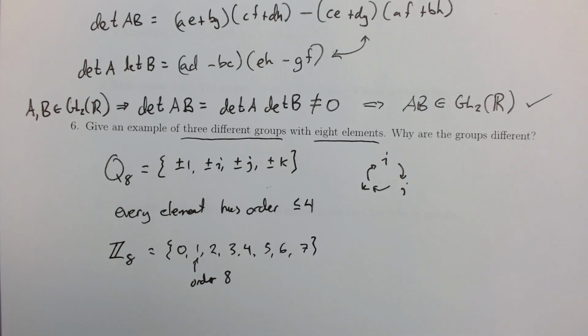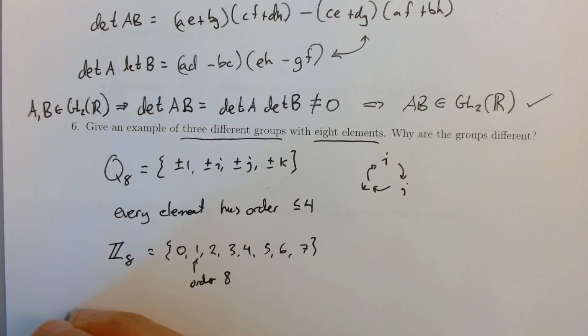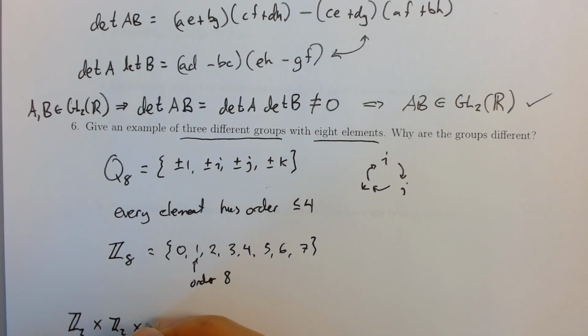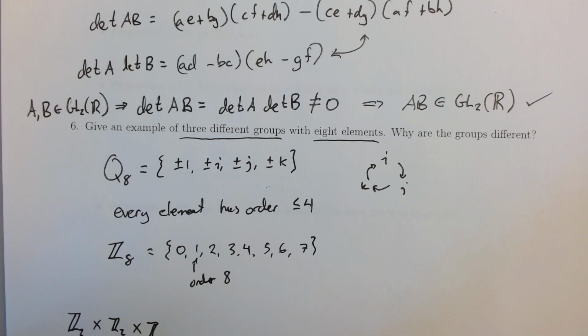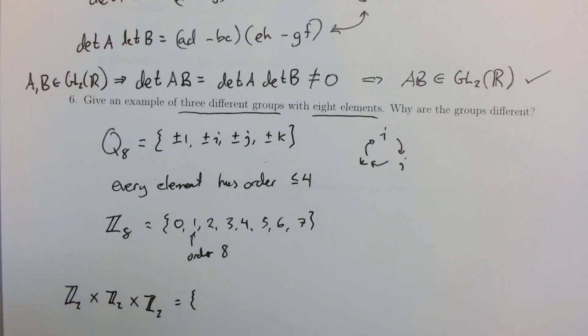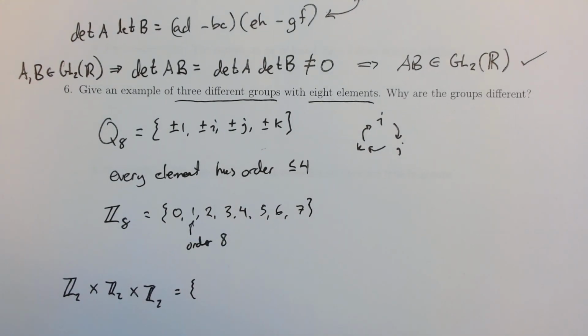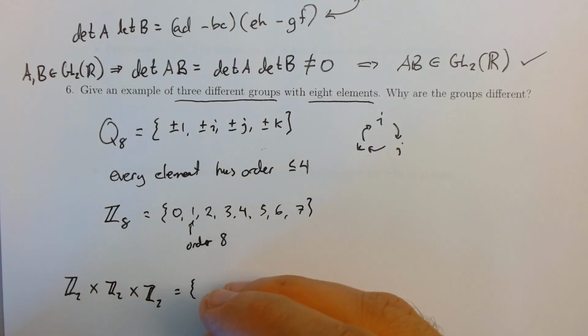Okay, I did have an example where everything was order 2. If I look at Z2 cross Z2 cross Z2, these are all the 3-tuples where each element comes from 0 or 1, or you could think of these as just binary strings of length 3.